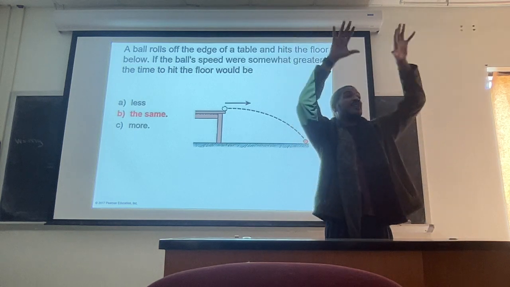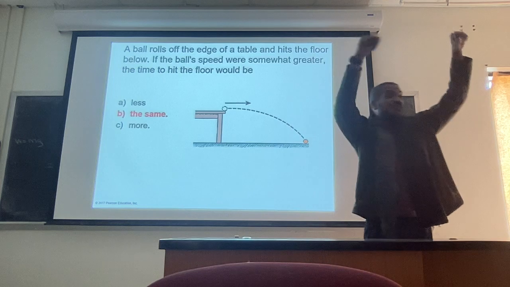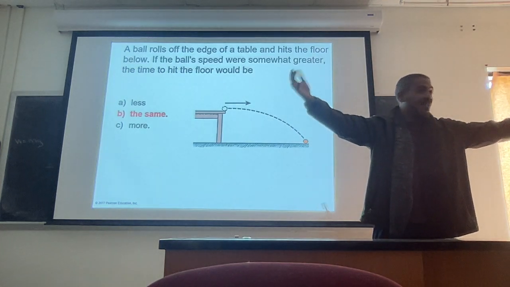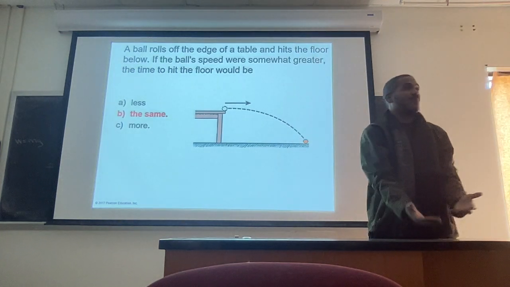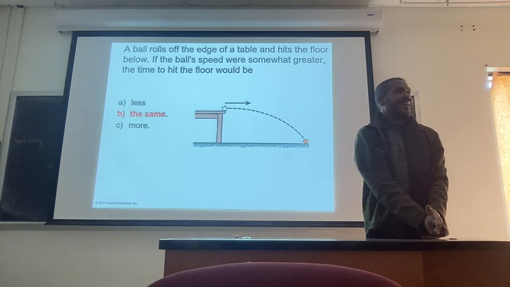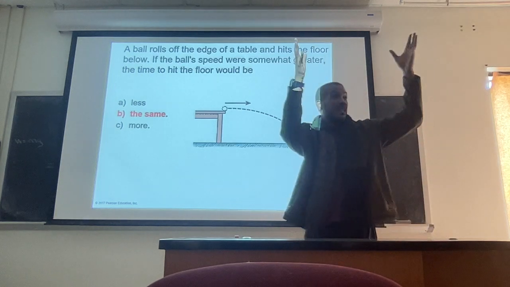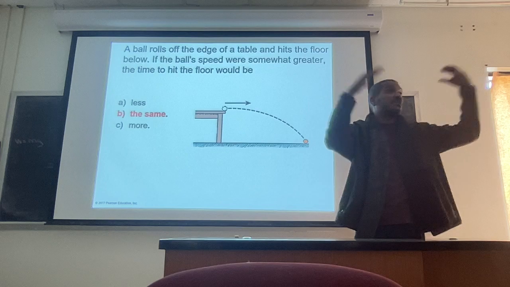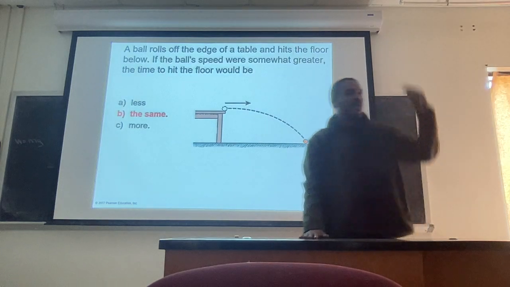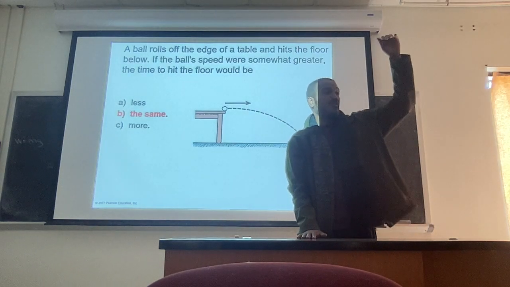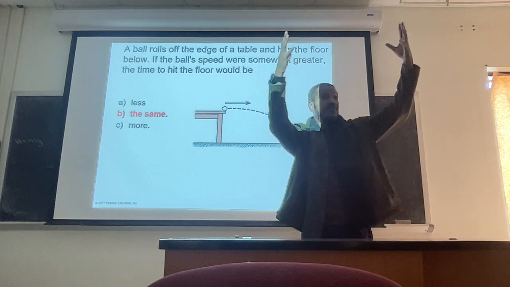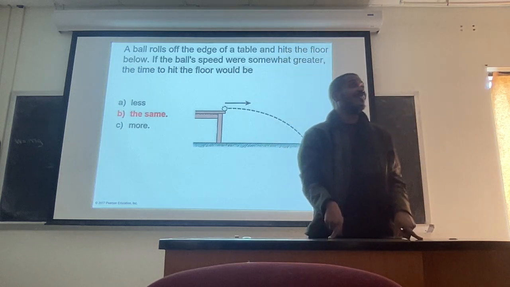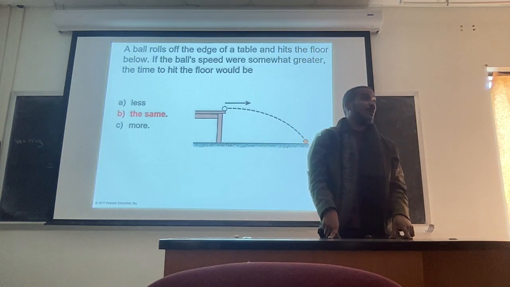But technically, if we were in a vacuum, and y'all know what a vacuum is? A vacuum is a space with no air. So that's space, right? And so if we were in a vacuum, then the feather would fall straight to the ground just like the bowling ball would, because there's no air.